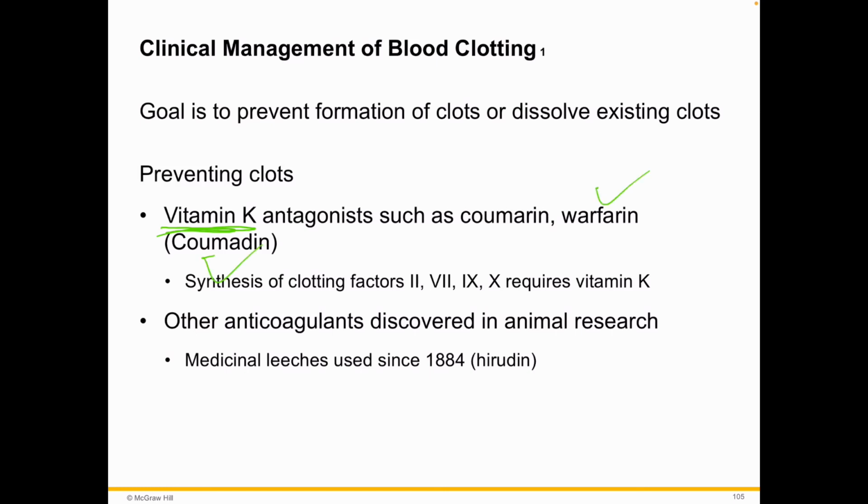It's because it's important in the synthesis of these key clotting factors themselves. Other anticoagulants are being discovered as we go. Interestingly enough, when a leech binds onto you, they actually spit out a bit of anticoagulant. So do mosquitoes. Yuck.